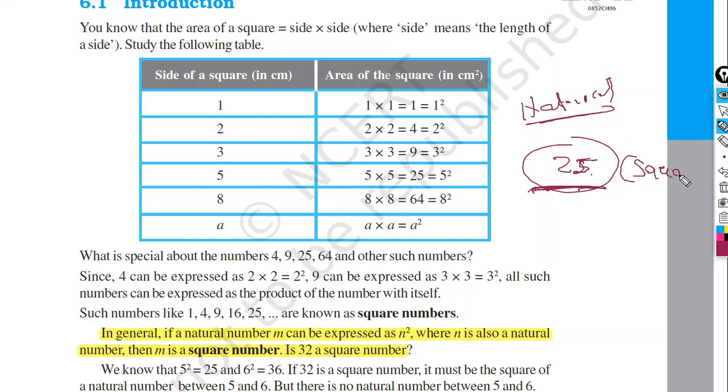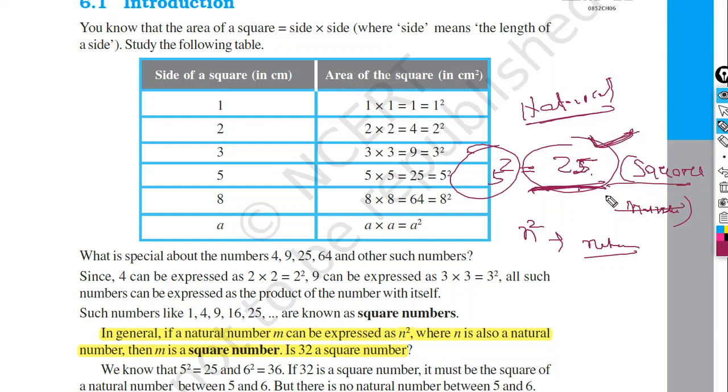Square number. When this 25 can be written in the form of n square, and n is also a natural number, now 25 can be written as 5 square. Therefore 25 is a square number.